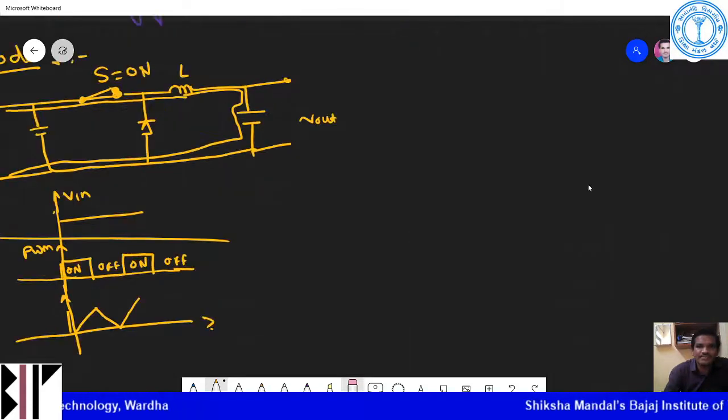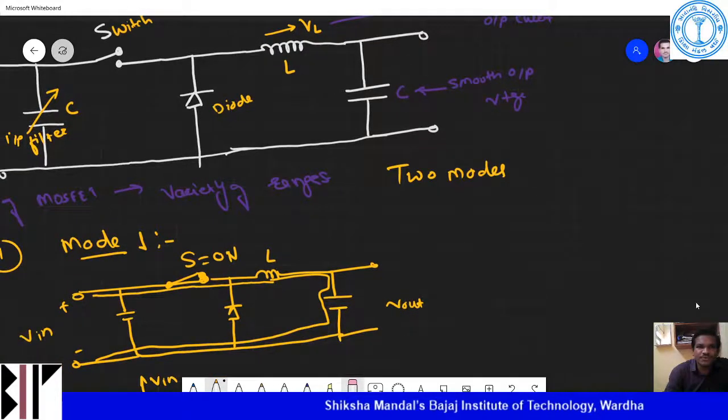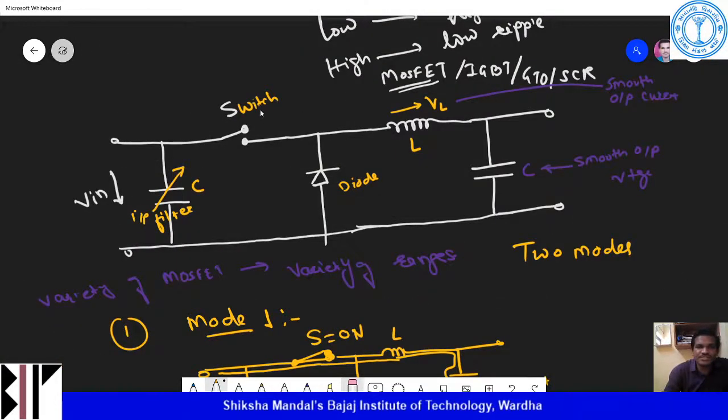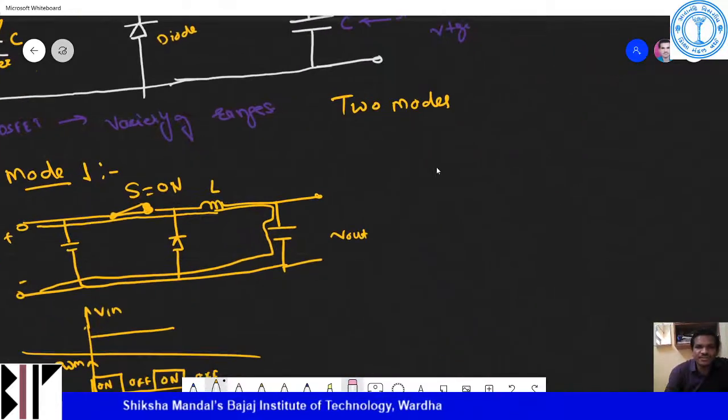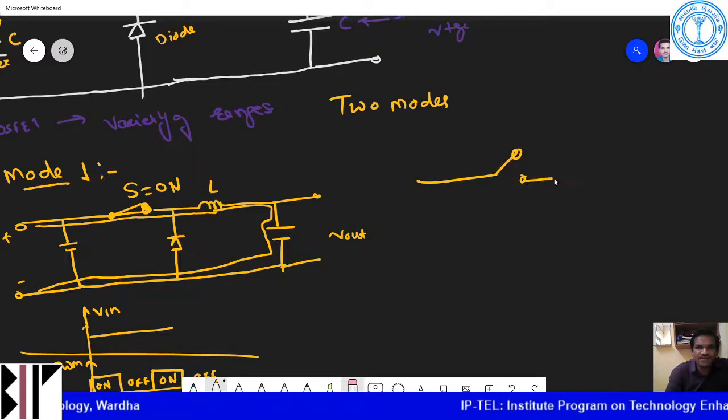Similarly, if you see mode 2, where your switch is in the off position, I will redraw this circuit. Here this is my switch and it is in the off condition.